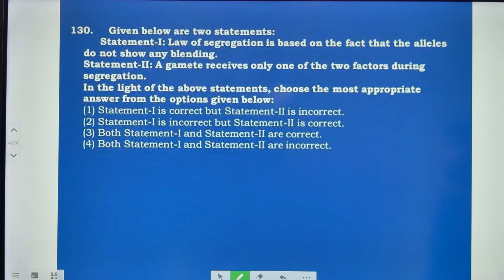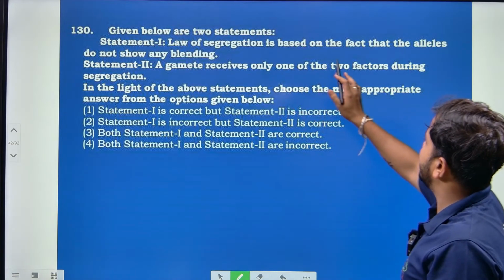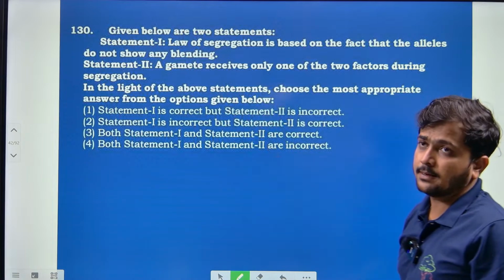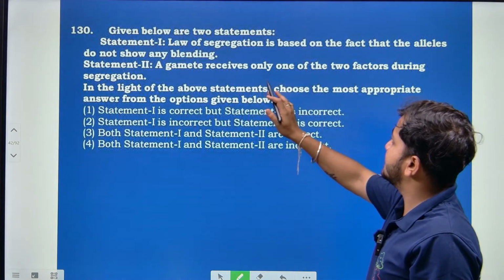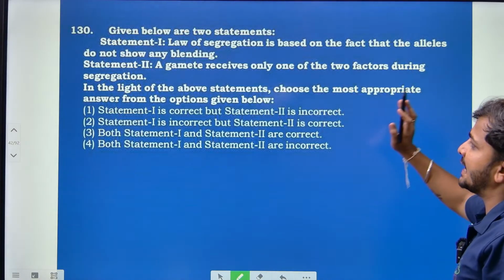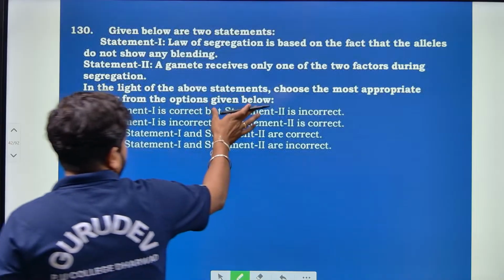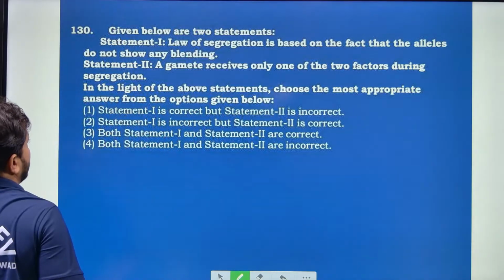Then given below are two statements. Law of segregation is based on the fact that the alleles do not show any blending, right? Then a gamete receives only one of the two factors during segregation. So with respect to the above statements, choose the most appropriate answer, right?